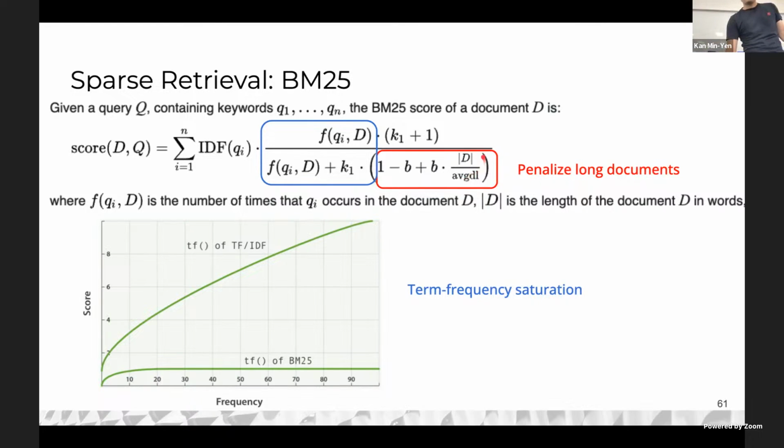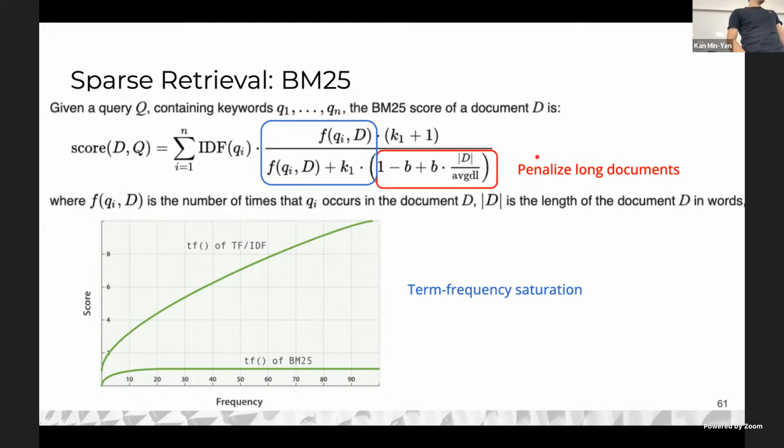If this whole thing is large, meaning the document is very long, then the denominator will be very large, so the score will go down. This is intuitive because if a document is very long, it can contain many terms, and some terms can appear multiple times. So naturally, TF-IDF favors long documents, and we put this penalization term here.